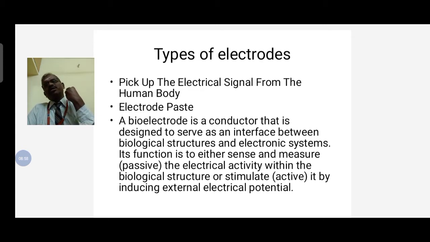These are the basic definitions of electrodes, electrode paste and bioelectrodes.